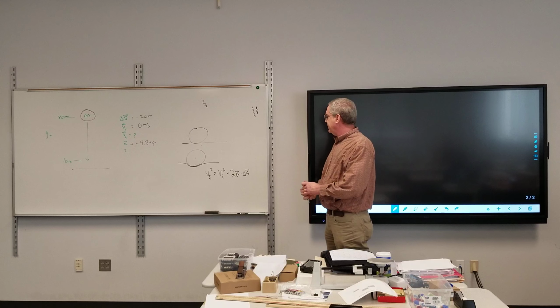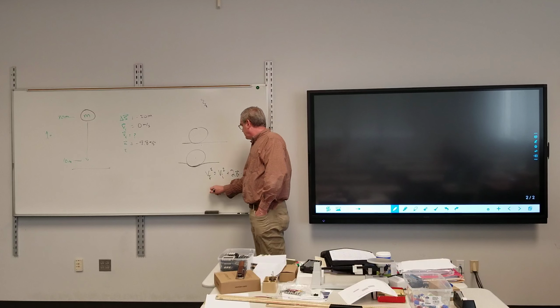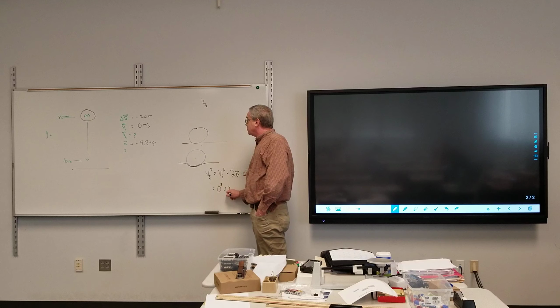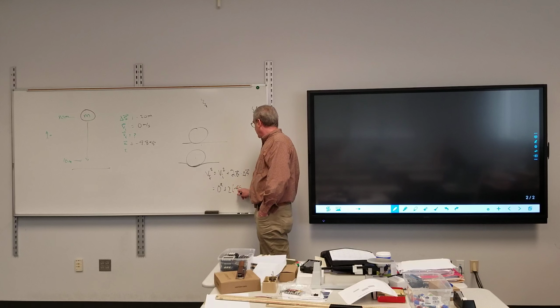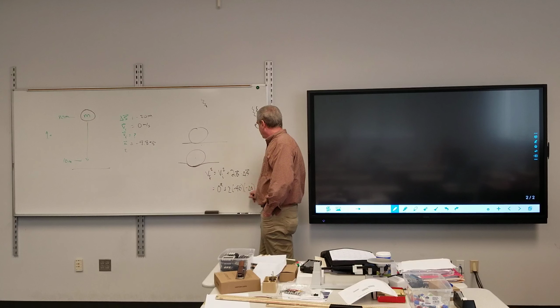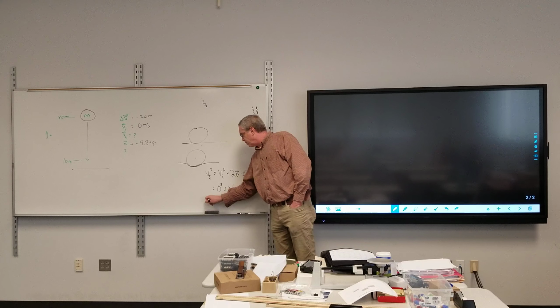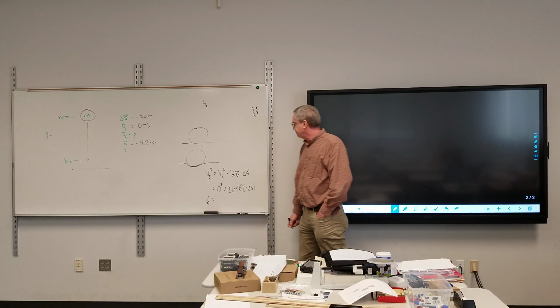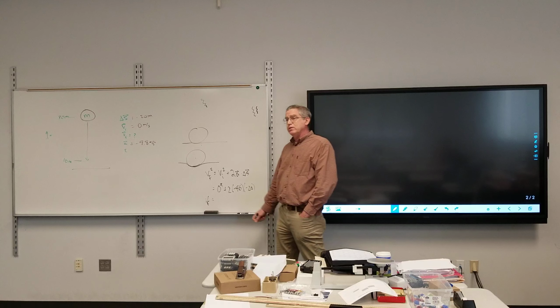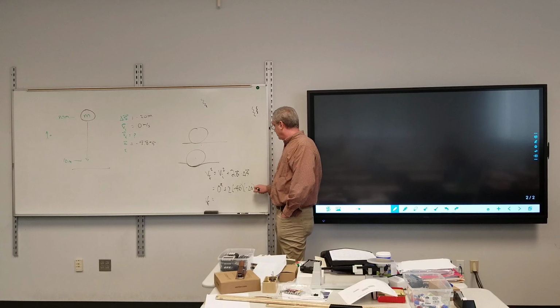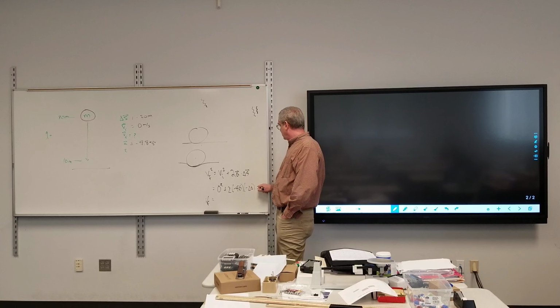Okay, so plugging into that, we get vf squared equal to 0 squared plus 2 times negative 9.8 times negative 20. And we end up with 392. I assume that's v squared.